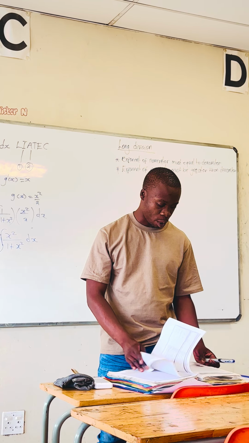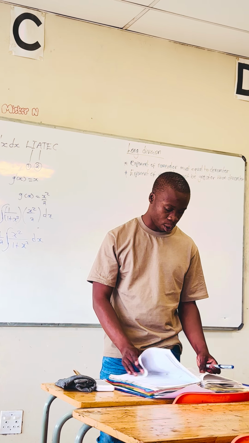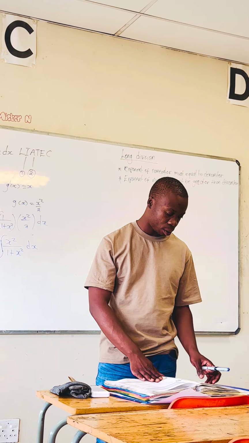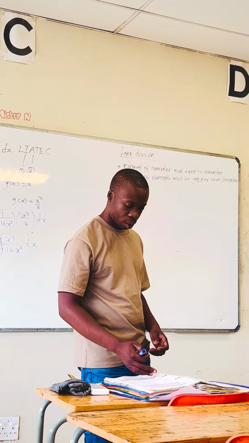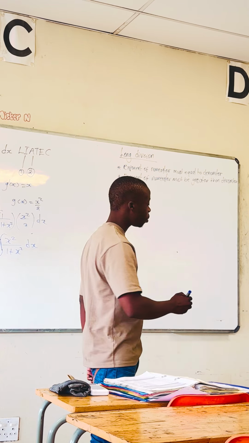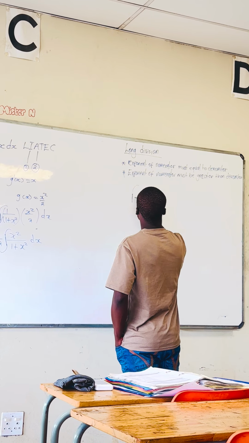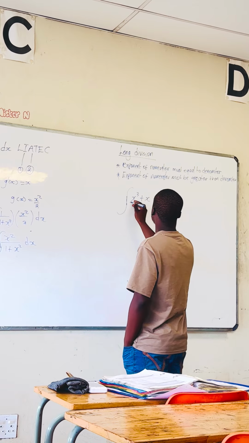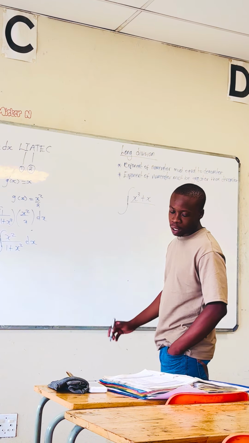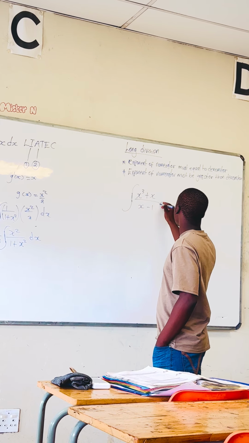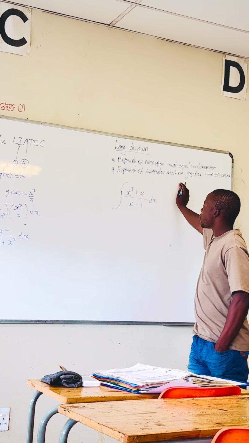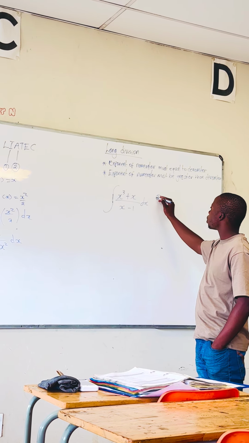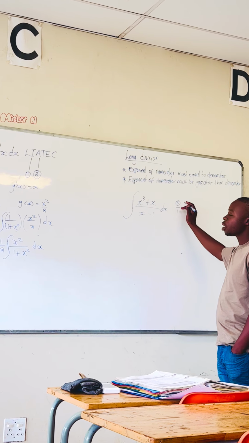On that time, we will not be able to integrate using the quotient because of that condition. So if we have x raised to power 3 plus x divided by x minus 1, we can easily see that this is a long division, because the higher degree of the numerator is 3 and the denominator's is 1.